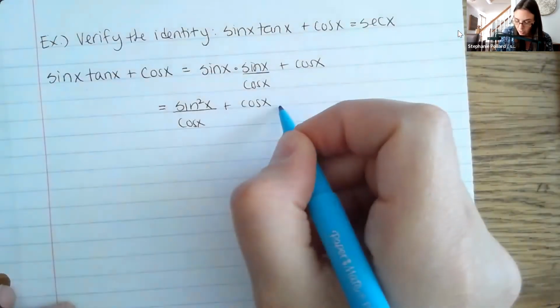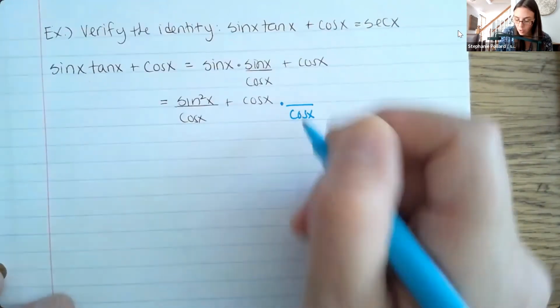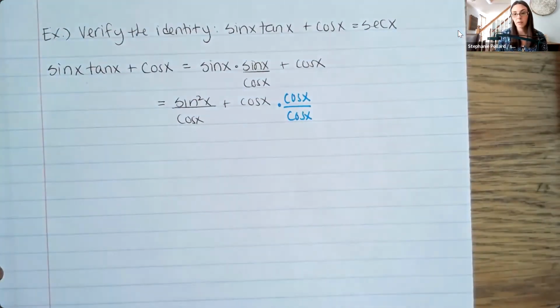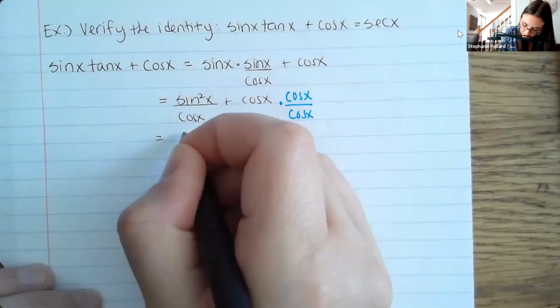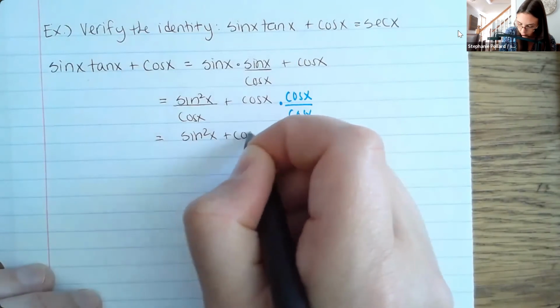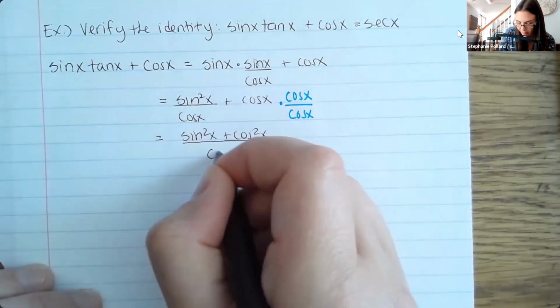So I do need a common denominator of cosine x, but I can't just multiply by cosine x on the bottom. I have to also multiply it on the top, just like you do with regular common denominators for fractions. So this now gives me sine squared x plus cosine times cosine, which is cosine squared, all over cosine x, because now they have the same denominator.